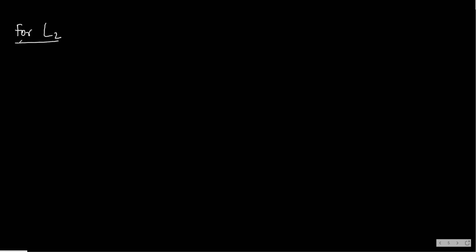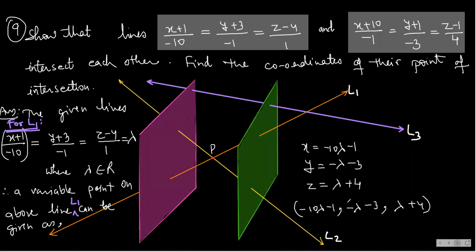For L2, I write, what is the equation? (x plus 10) upon minus 1 equals (y plus 1) upon minus 3 equals (z minus 1) upon 4 equals mu.